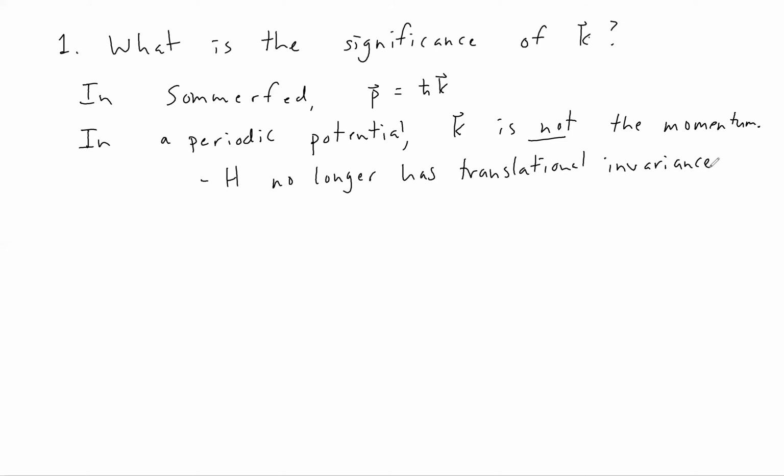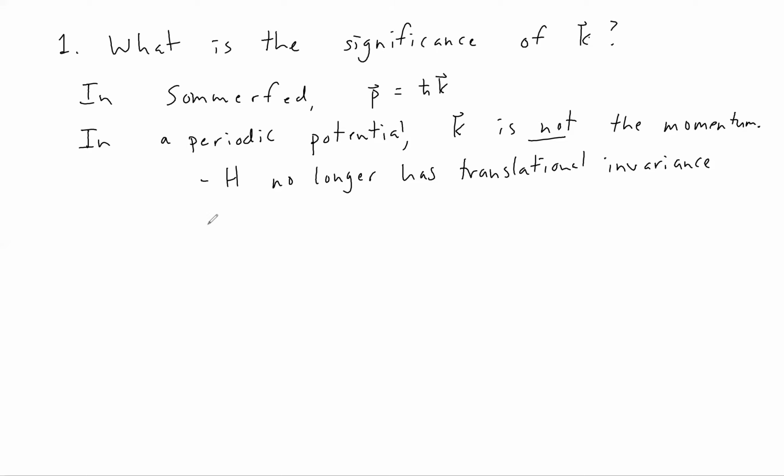The Hamiltonian is still time invariant, but it's no longer spatially invariant as it was in the case of free electrons. That was the fundamental feature that allowed us to construct simultaneous eigenfunctions of the energy and momentum operators. Now, when we talk about a potential that's not spatially translationally invariant, we can no longer construct simultaneous eigenfunctions.